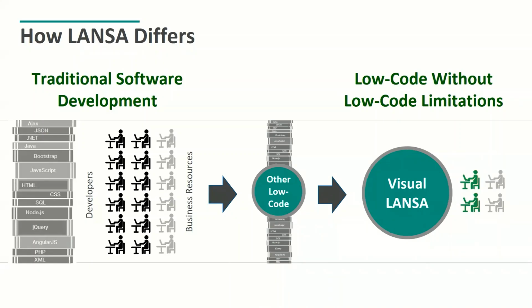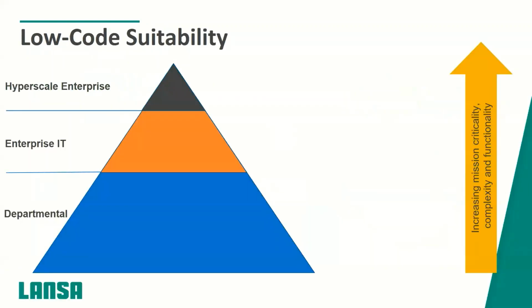and you're creating connectors. So with Visual LANSA, we're saying we're going to take the best of low code and the best of traditional software and blend them. So you can create applications faster, but still have total control when you need to create complex applications. If you look at this pyramid chart, down at the bottom are your departmental, very simple applications, and any low code platform can handle that.